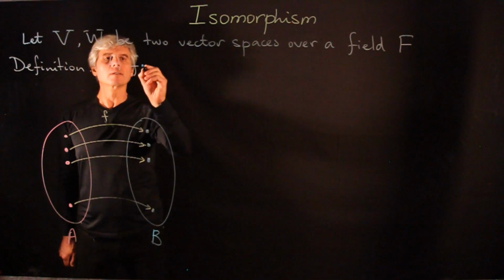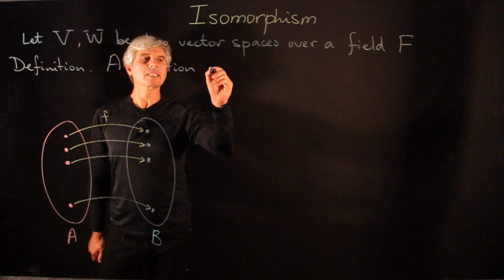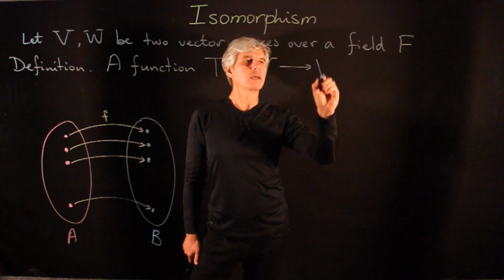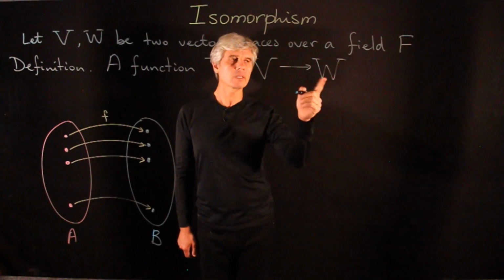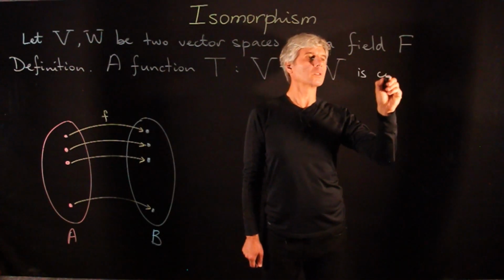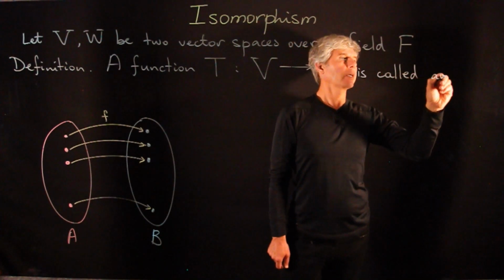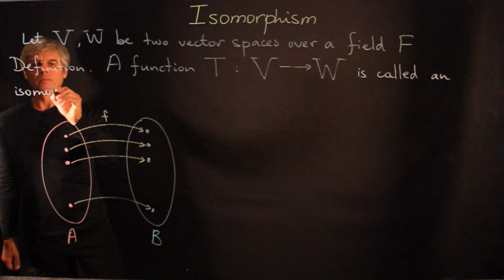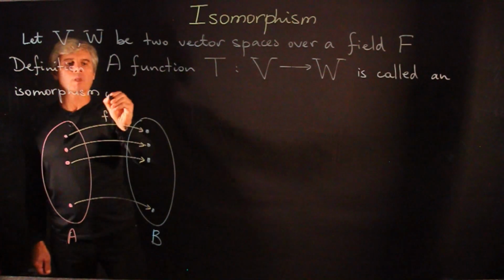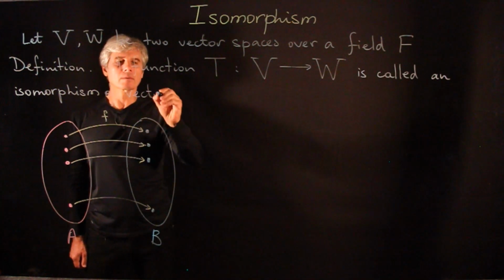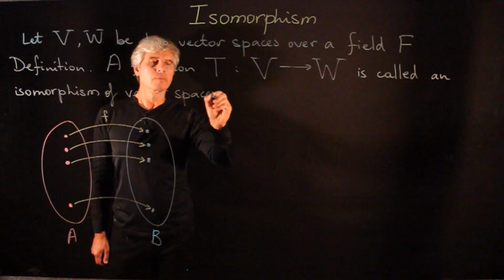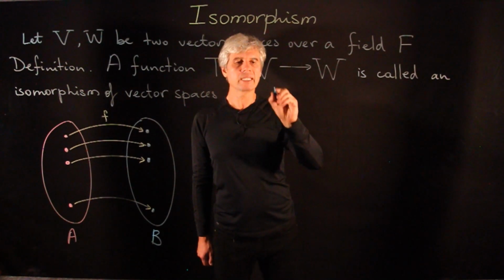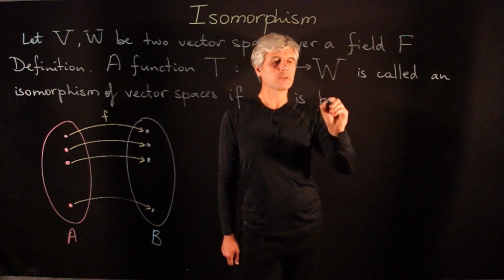A function T with domain V and assuming values in W is called an isomorphism of vector spaces if T is bijective.